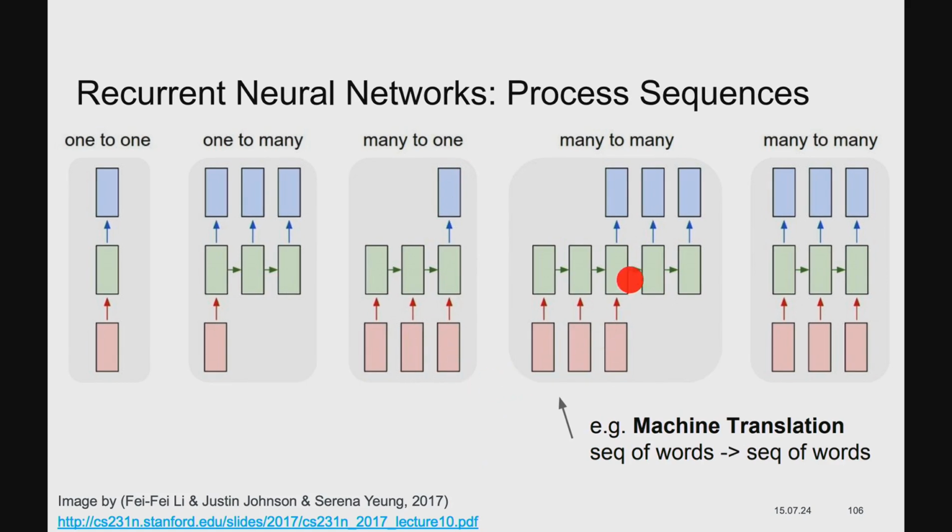You may have sequences to sequences. For example, machine translation is of that nature: you provide a sequence of words and you want a sequence of words out. And of course, this is not a one-to-one translation. If this word is translated here, it is not necessarily the case that this word is translated here, because the translation depends on the context.